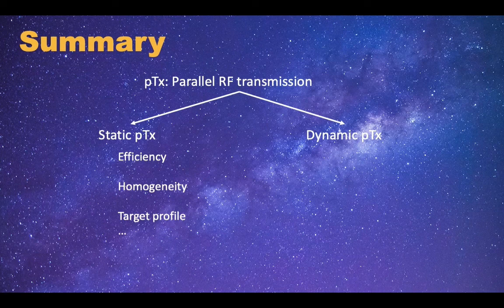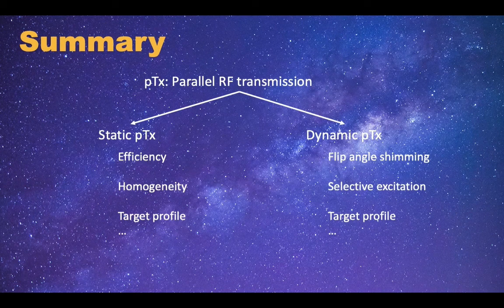But since we can only adjust the channel weights, the improvement with static pTx is limited. With dynamic pTx, we can use it for flip angle shimming. With KT points or spokes, we can use it for selective excitation, and we can also use it to achieve a target profile. By designing different RF pulses for different channels, the performance is oftentimes better than static pTx.